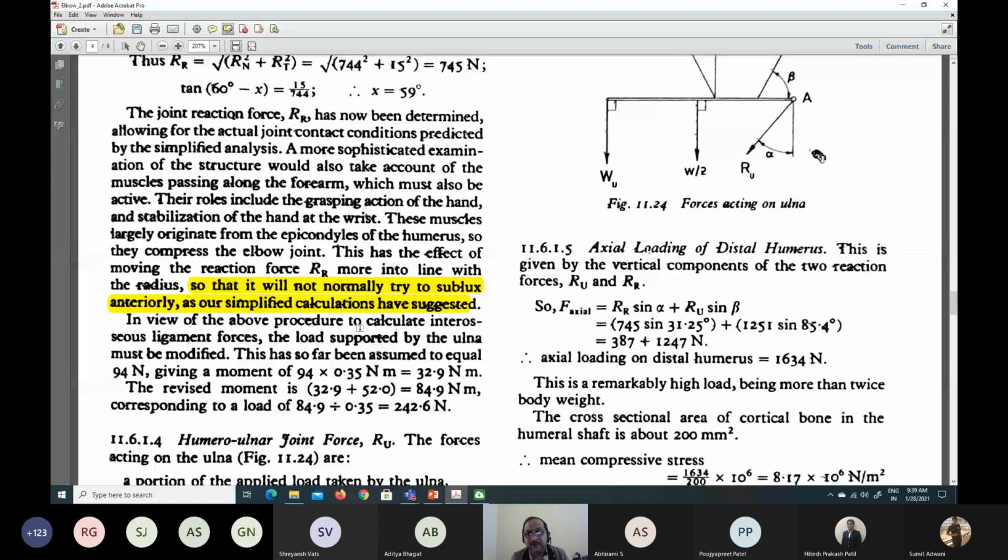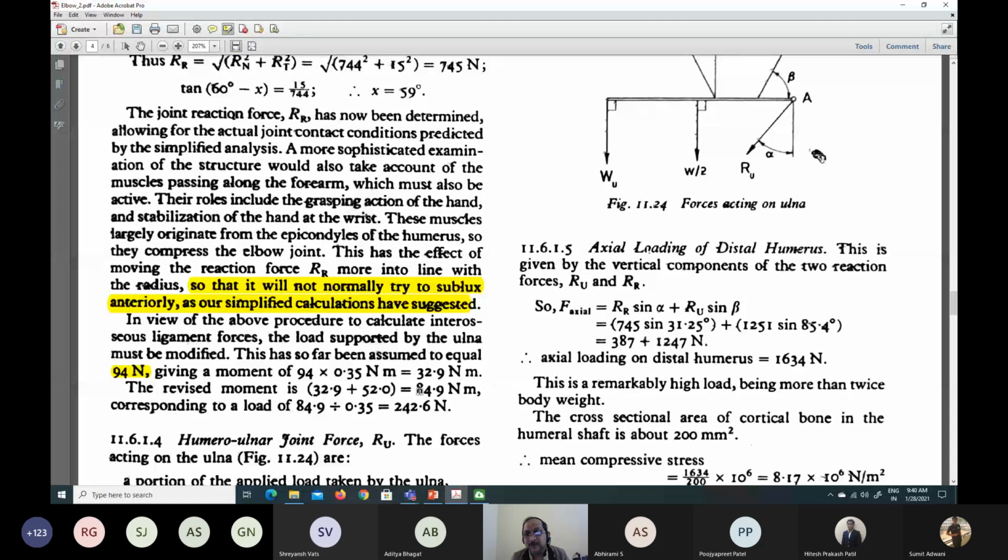That in view of the above procedure to calculate the ligamentous forces, the load supported by the ulna must be also modified. This has so far been assumed to be equal to 94 newtons. That is the remaining force from, as you had calculated, 155 subtracted from 249 would give you 94. So the revised moment would be now this plus the 55.52, which is the moment produced by the ligament.